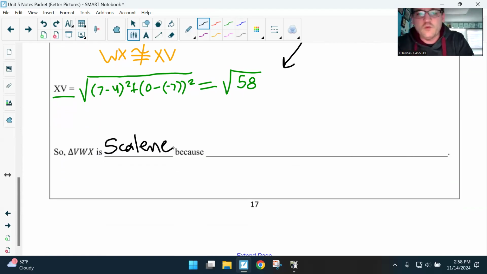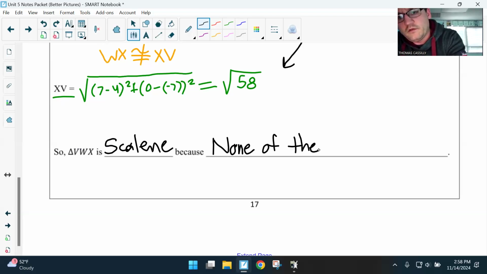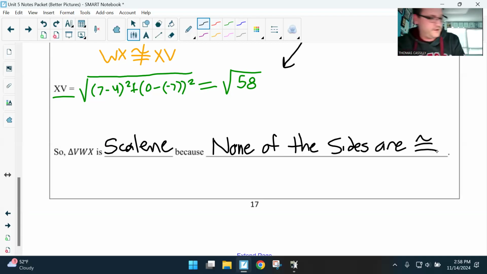All right. It's scalene. Why is it scalene? Because none of the sides are congruent. All right, that is the definition of scalene.